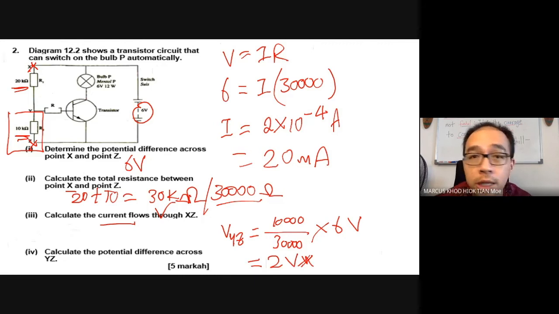So the potential divider circuit is very easy. For this particular subtopic on transistors, the calculation part is easy. It is the explanation that you need to master. I always say this a lot: transistor, diode, even the AC generator, AC motor, all these things.